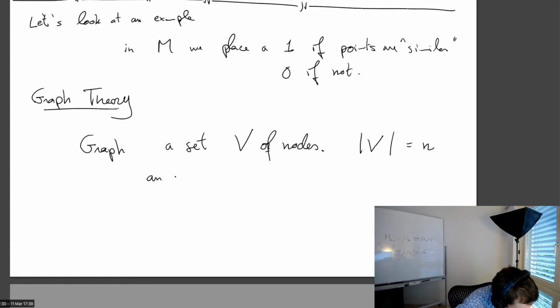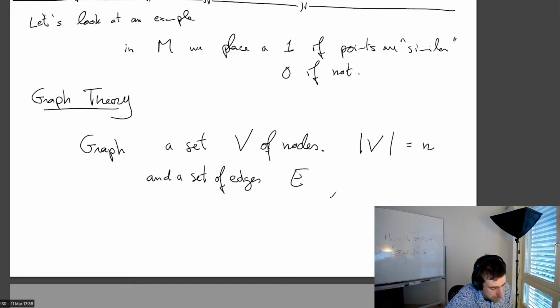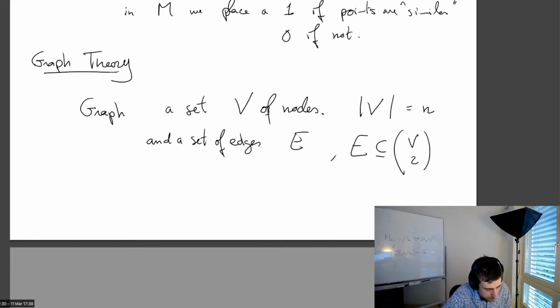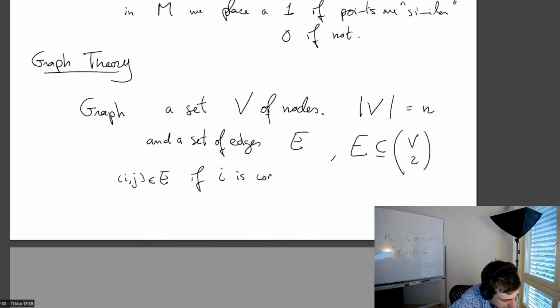And the set of edges, E. E is a subset of the choices of pairs of vertices, and the pair ij is an edge if i is connected to j.